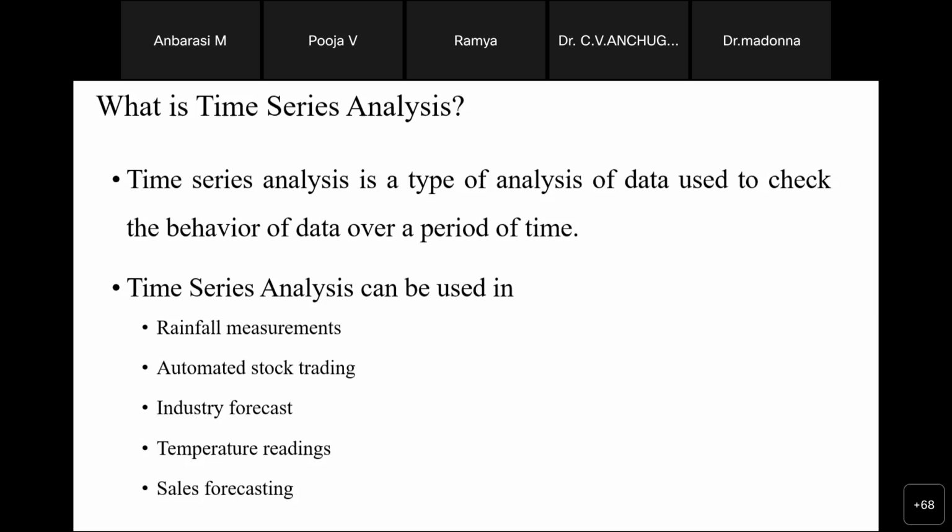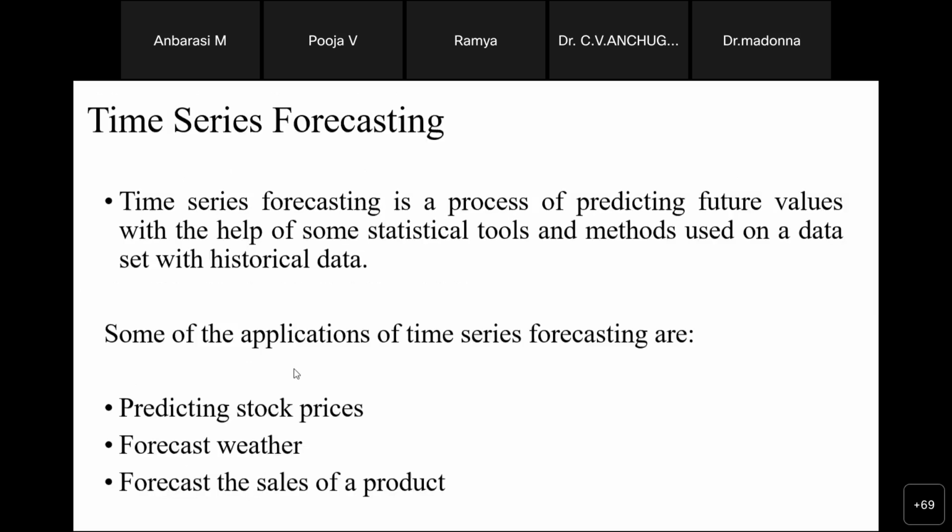Suppose there is any loss, then they have to analyze in detail which region, which country, which part, an in-depth analysis. Then based on that analysis they can overcome the loss. And then temperature reading and sales forecasting also. These are all the applications of time series analysis.